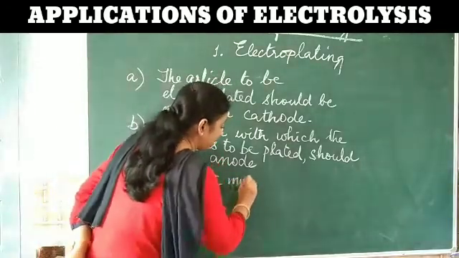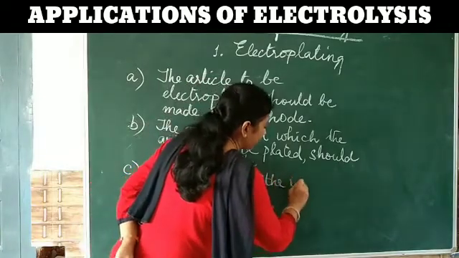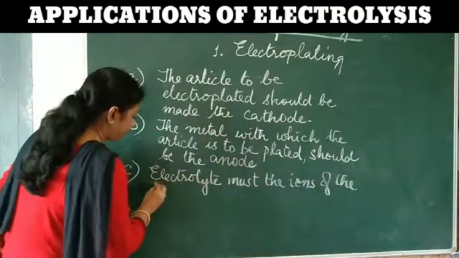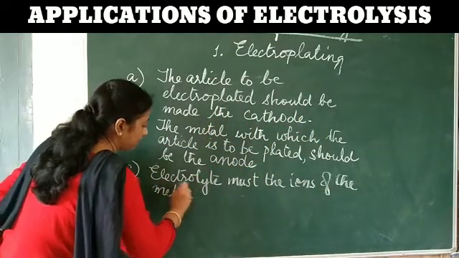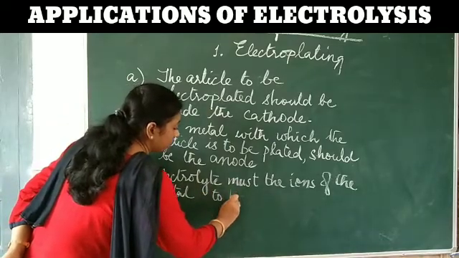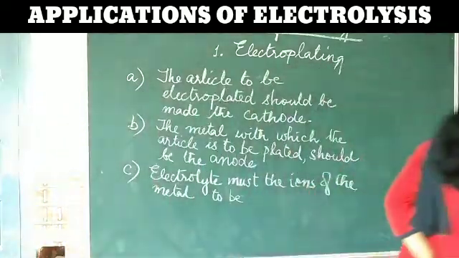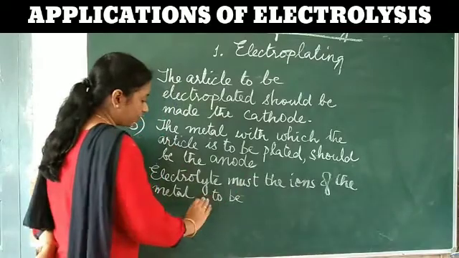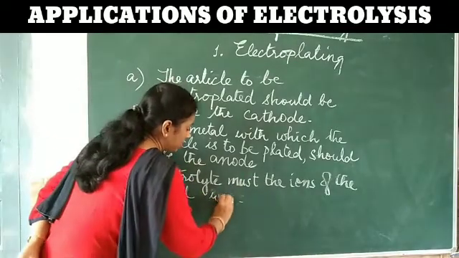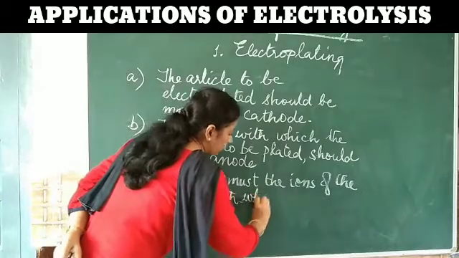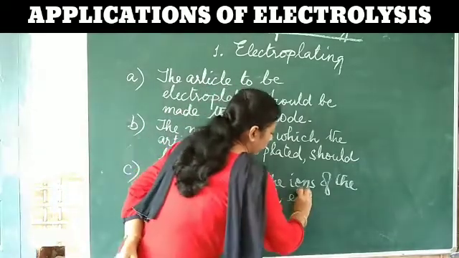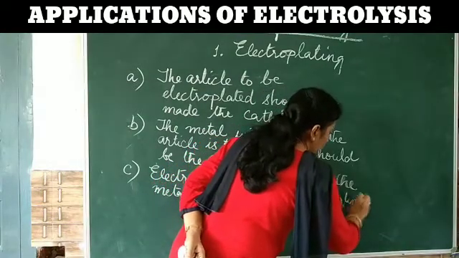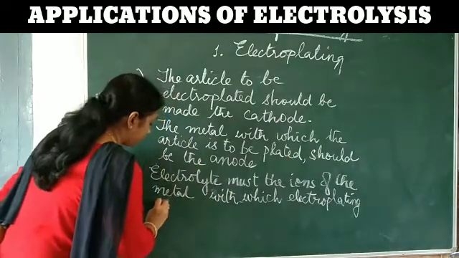Electrolyte must contain the ions of the metal with which electroplating is to be done.